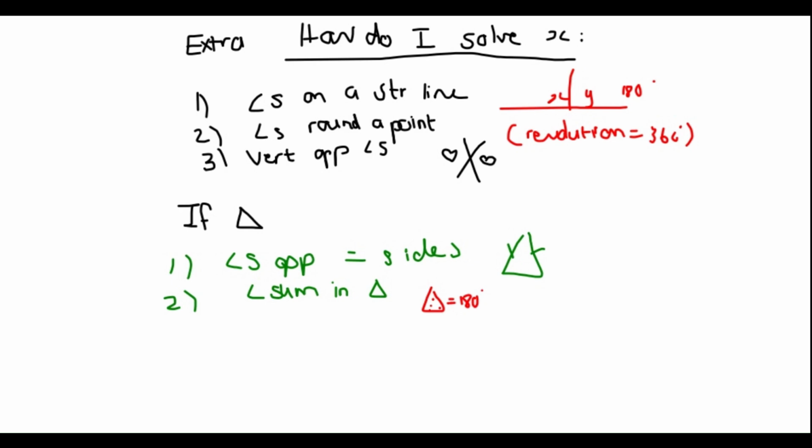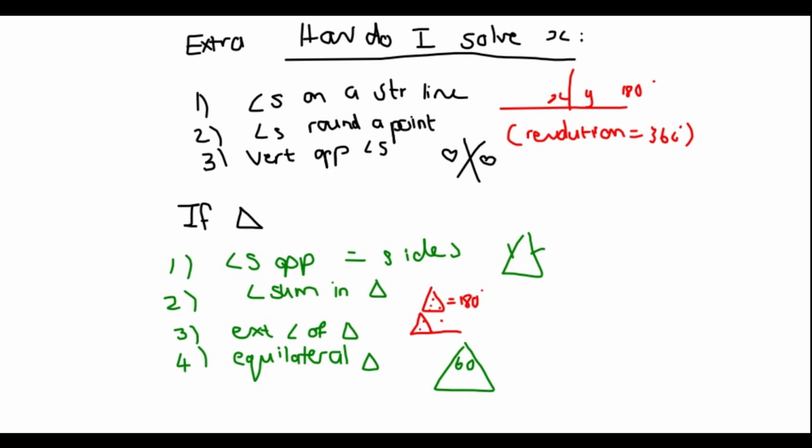You could use the exterior angle of a triangle. If you remember, the exterior angle of a triangle is equal to the sum of the two opposite interior ones. Finally, you could use the theorem on equilateral triangles. Equilateral triangles, you remember that all three angles are 60 degrees. Okay, so this is a little cheat sheet and a summary for you. How can you solve x using one of your theorems?